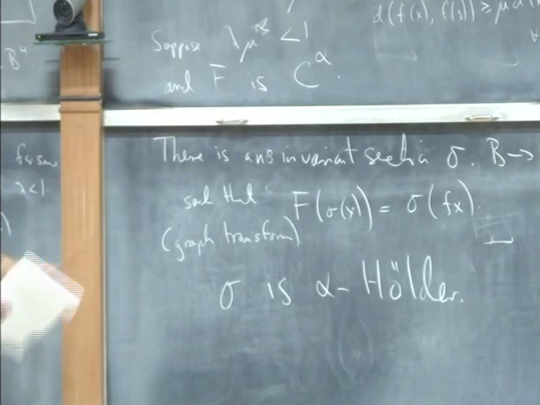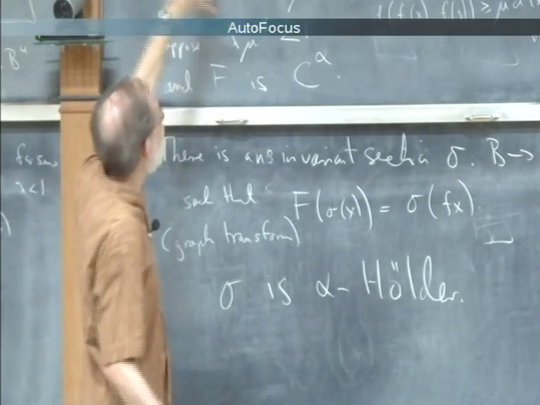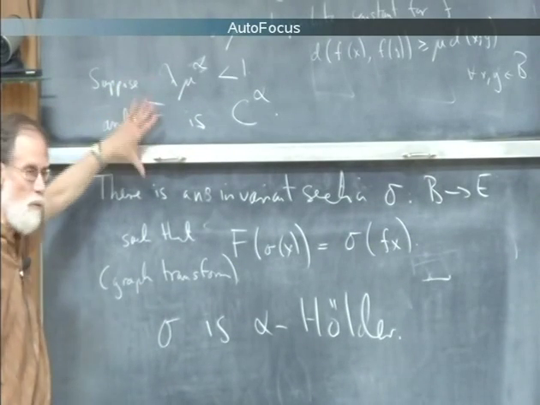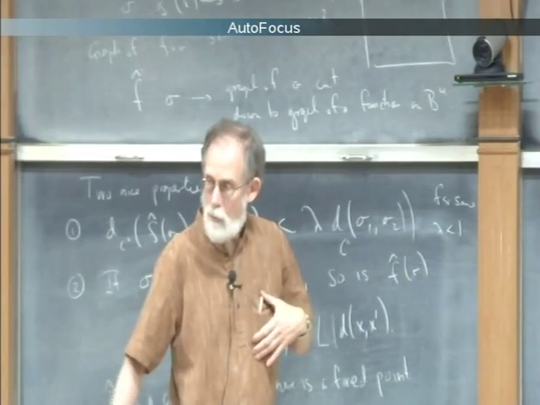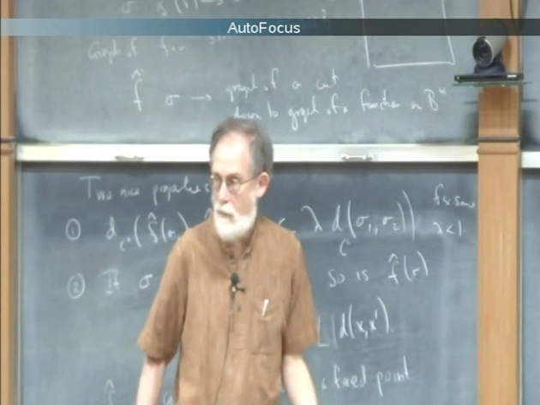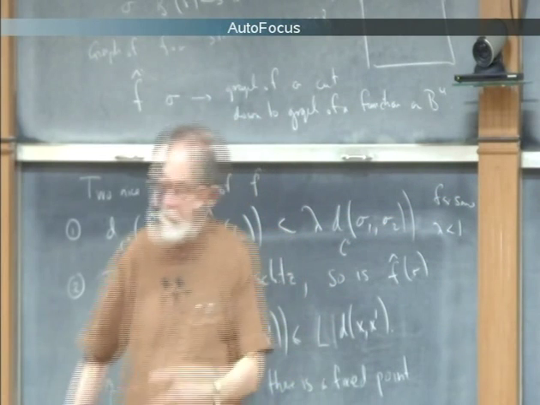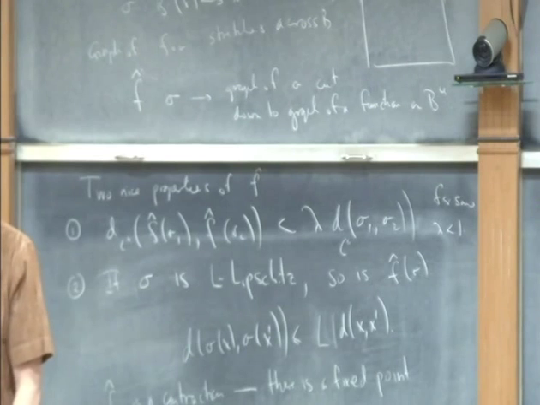There are generic families of big Fs for which the invariant section is no better than this theorem predicts. Of course, there are also exceptional examples that can come out much smoother than this predicts.